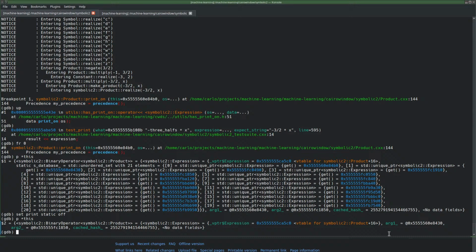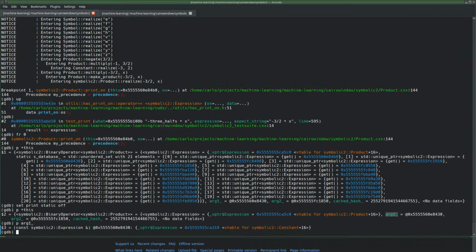So the idea is that this is the correct constant. I just have to go through this hoop again. Let's first see if I can even access it. Yep.